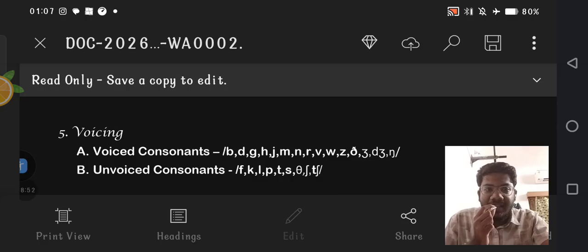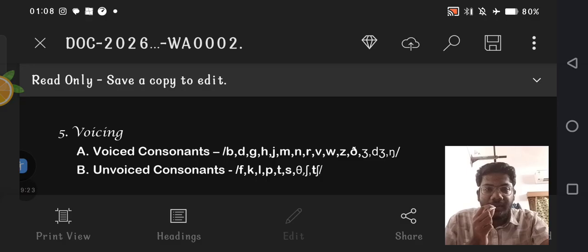B, d, g, h, y, m, n, r, v, w, z, th, j, zh, ng. So while pronouncing all these sounds, we have a clear sound coming from the throat. The vocal cords vibrate. That's why these are called voiced consonants.